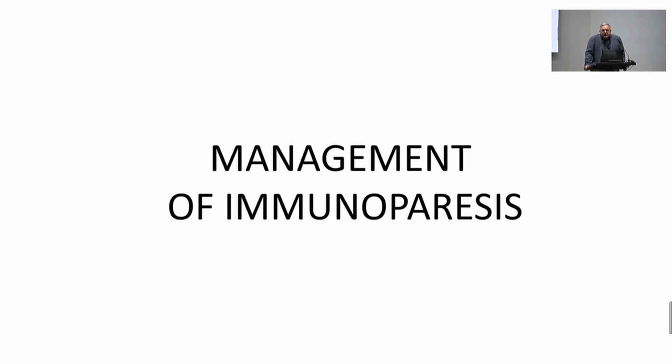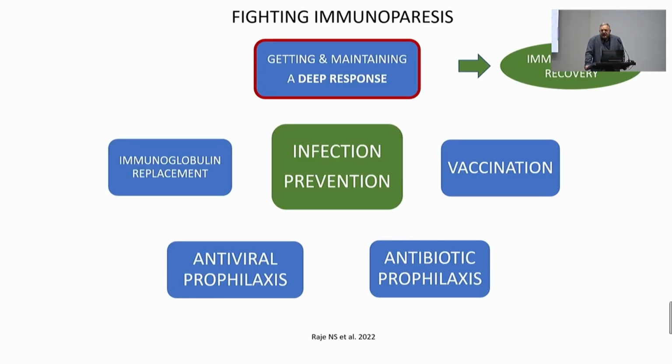How can we manage the immunoparesis? From a clinical point of view, the best goal we can achieve in the clinical setting is the achievement and maintenance of a deep response, because this situation is associated with an immunoparesis recovery.